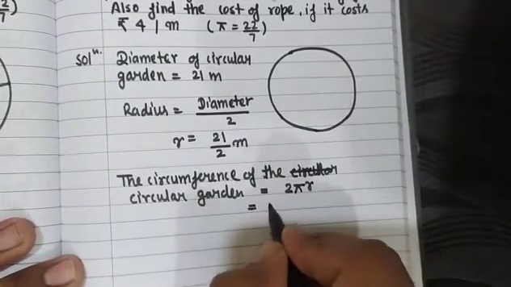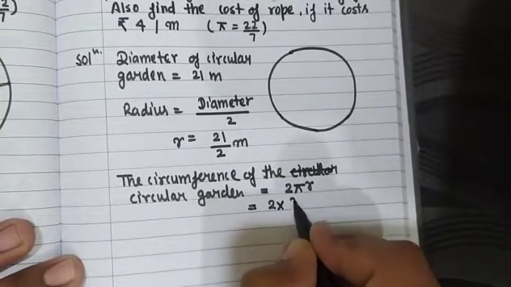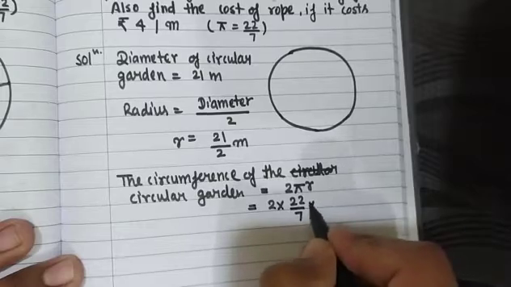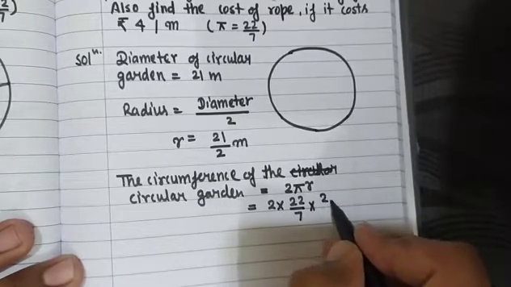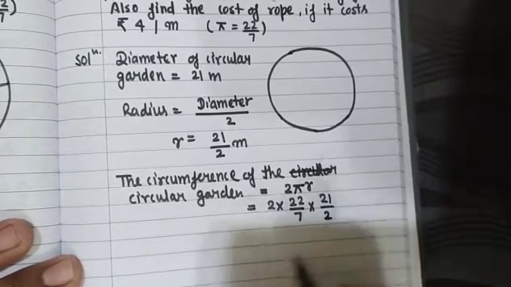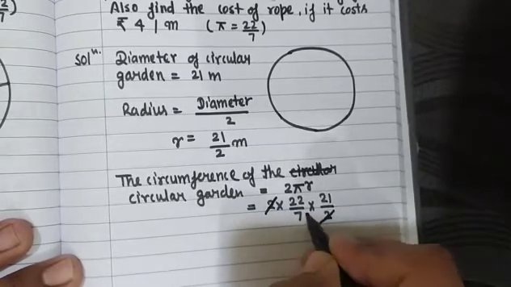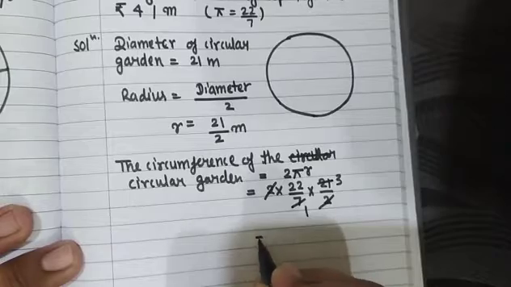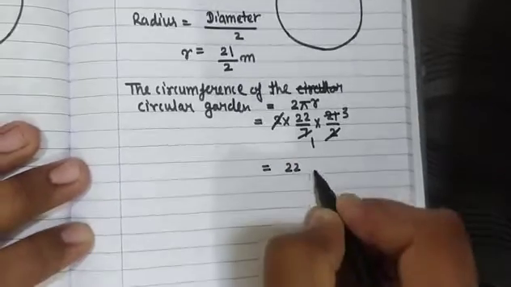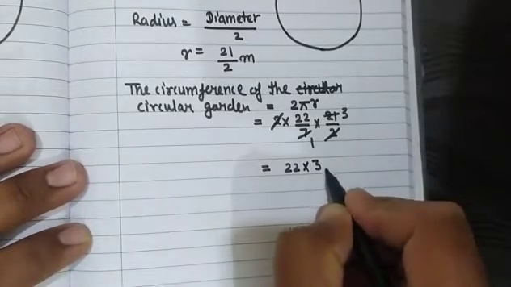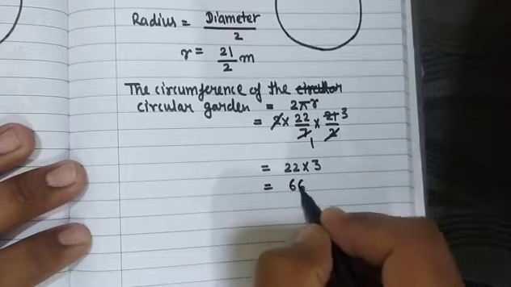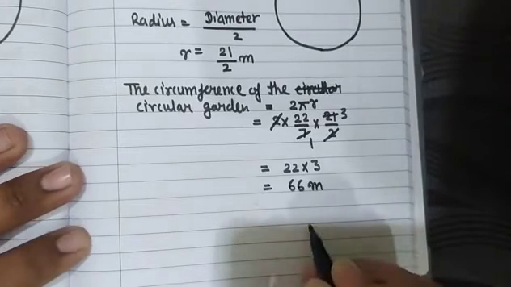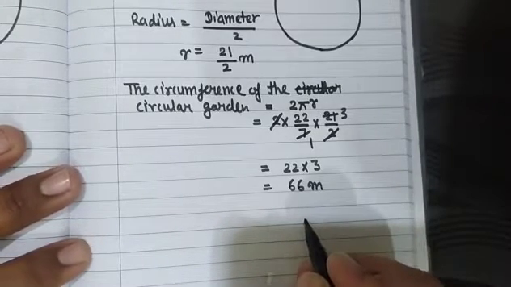So it will be equal to 2 multiplied by 22 over 7 multiplied by, put the value of r, that is 21 over 2. Now 2 will cancel out, 7 1 is 7, 7 3 is 21, so it will be 22 multiplied by 3. So 66 meter will be the circumference of the circular garden.